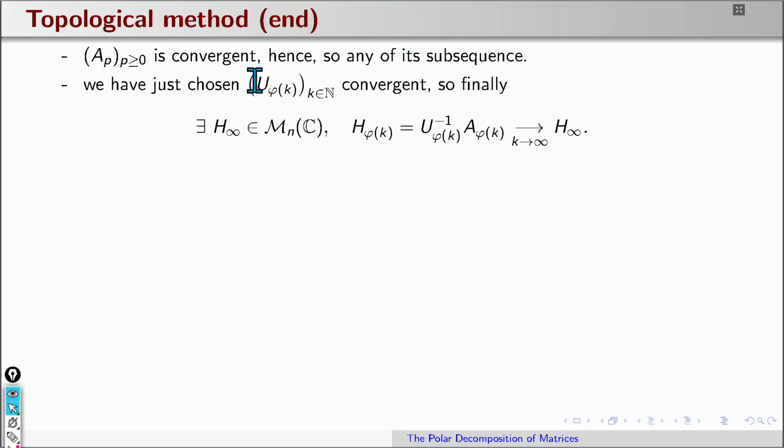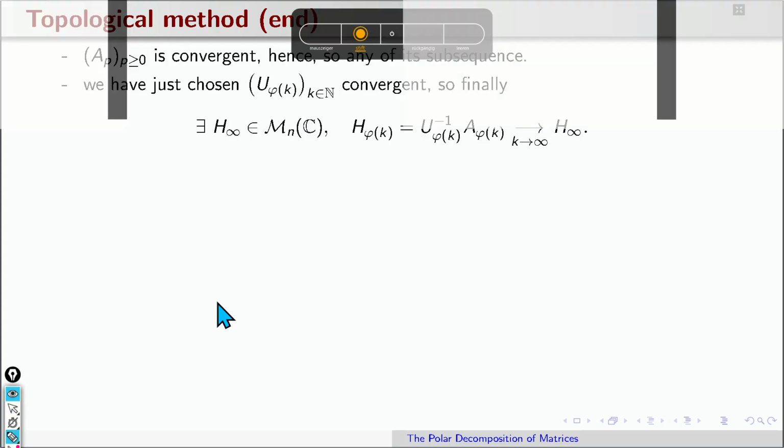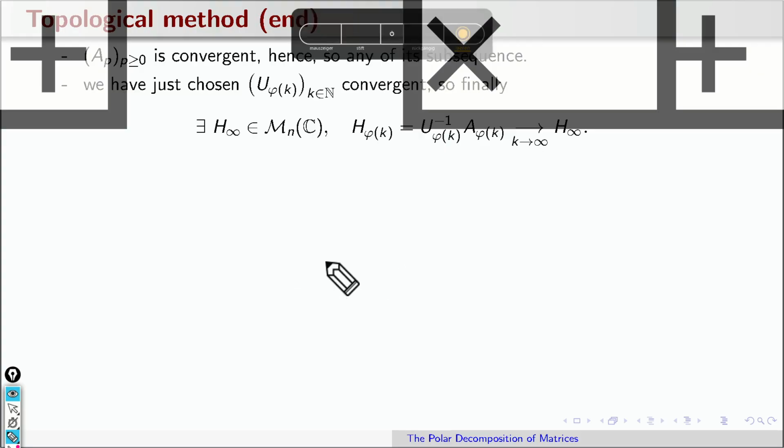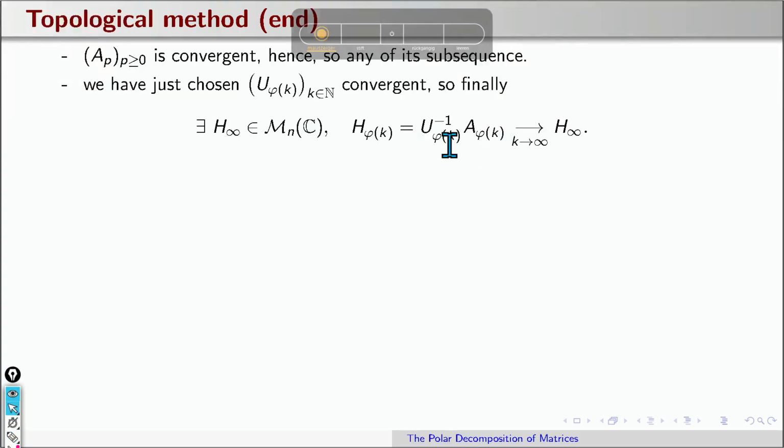Here we have chosen a subsequence for U, and of course we have this condition U_p H_p equals A_p. So H is completely determined: we multiply on the left by U minus 1, giving U minus 1 times A. Here we have extracted the convergent subsequence.